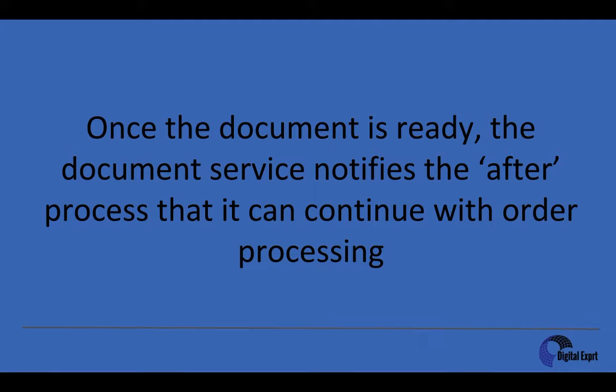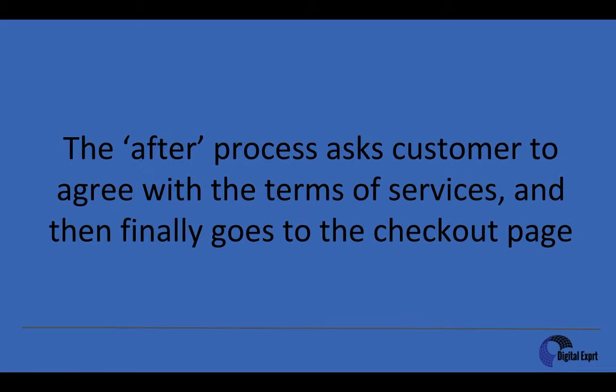And then the document service notifies via a callback the after process that everything is ready now, you can continue with your regular order processing. So now the after process takes over and sends the notification to the customer: could you please go over this document and agree with the terms of services before you can actually complete your purchase. And then it takes the customer to the checkout page.